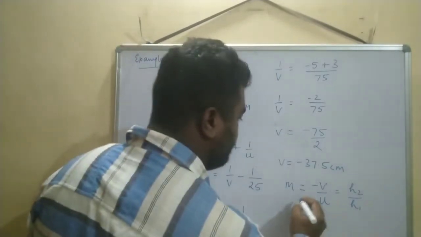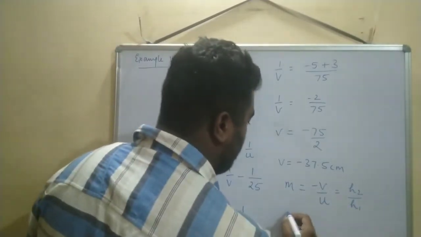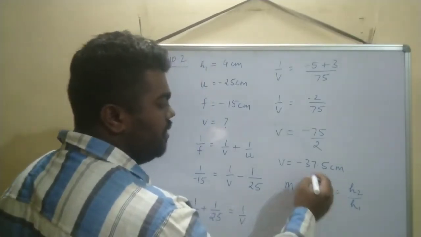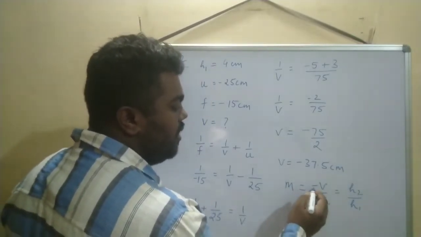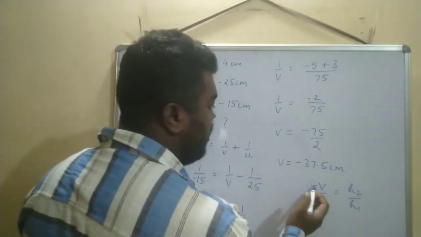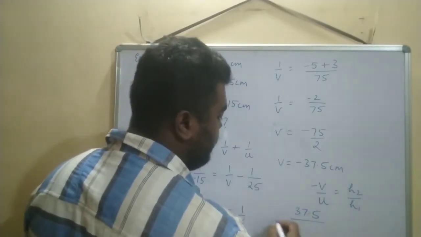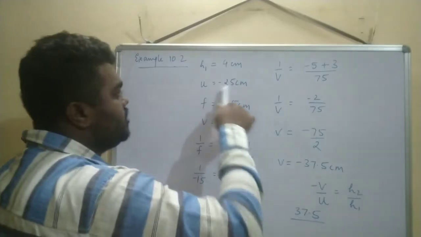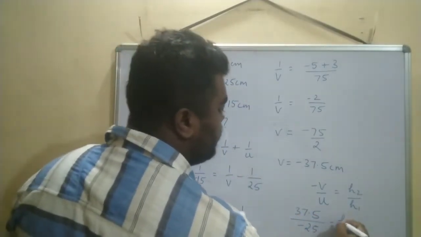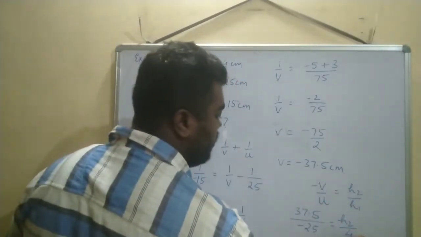So we will equate these two. v comes out to be minus 37.5. Now minus m is equal to, minus minus becomes plus, 37.5 by u. u is minus 25, equal to h2, which is required, and h1 is given, 4.